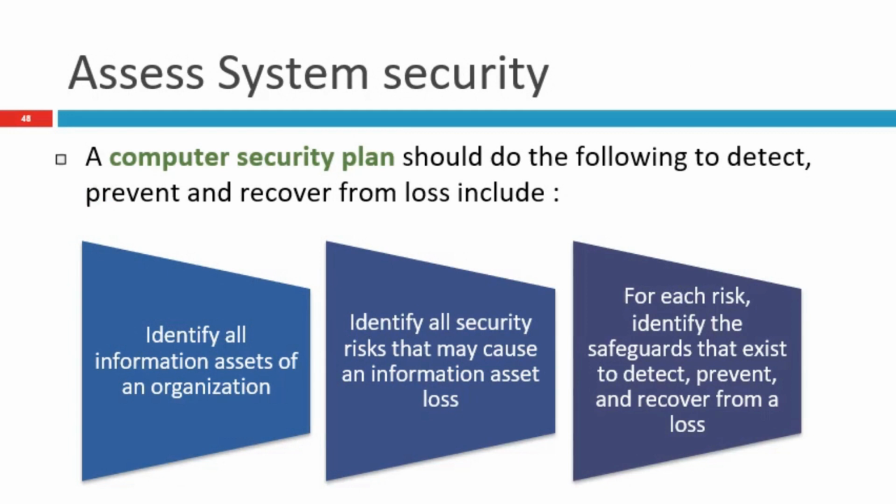Lastly, assess system security. In assess system security, you must come up with a computer security plan to detect, prevent, and recover from loss, including identifying all the information assets of an organization.